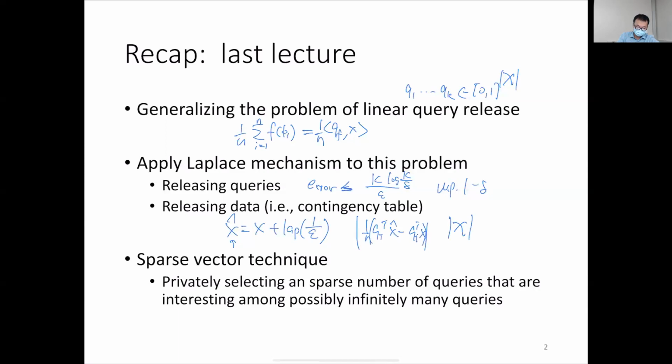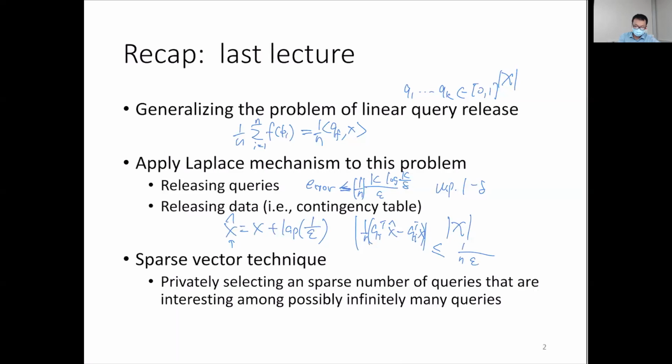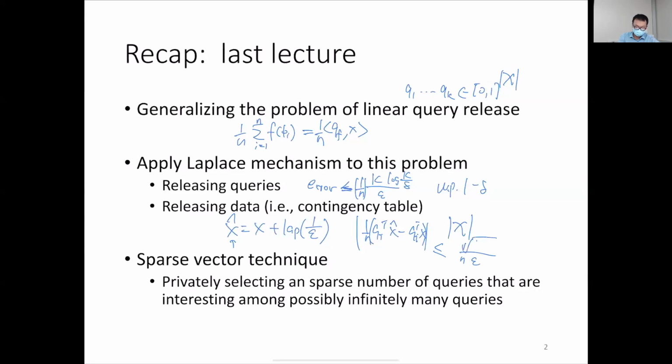In other words, the error is smaller than, I'm also missing 1 over n here, 1 over n epsilon. But since these are a summation of the data space cardinality number of random variables, we incur a square root of X cardinality, and then union bound over all random variables. So we got k over delta with probability 1 minus delta.